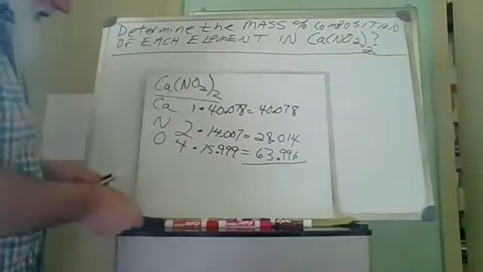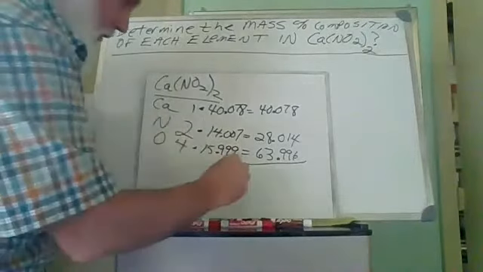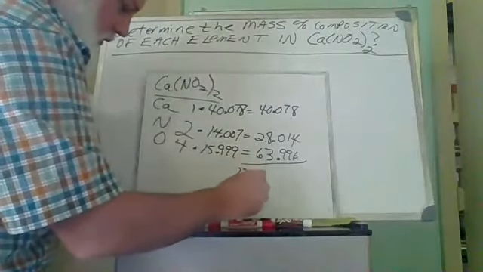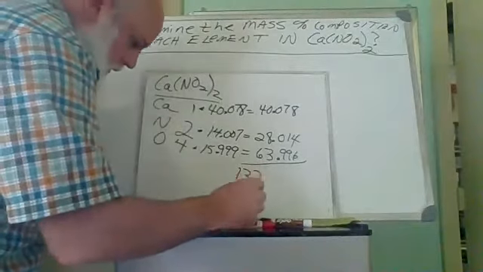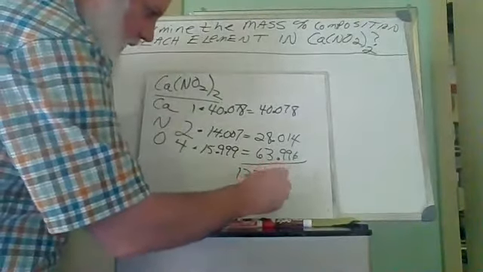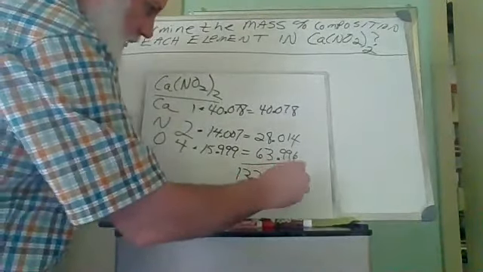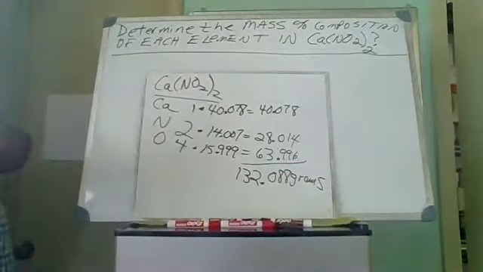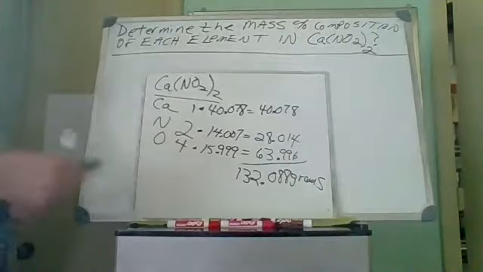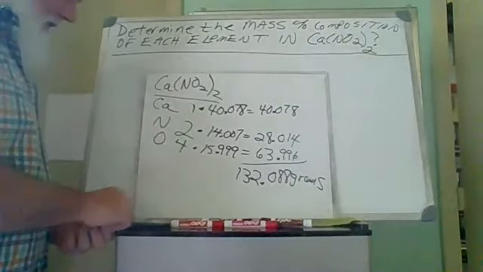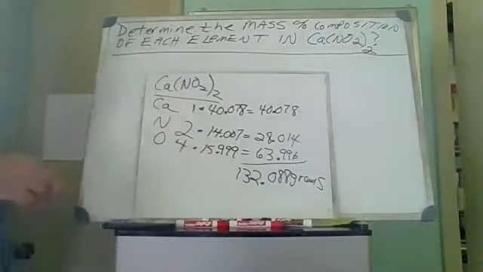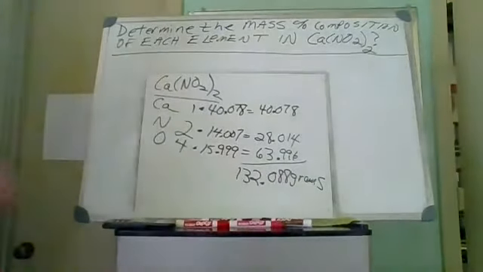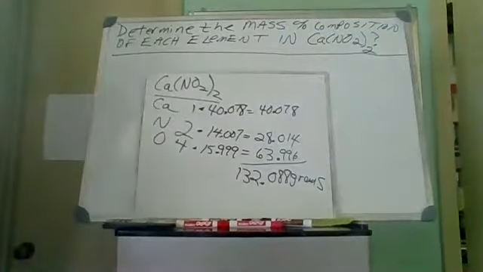All right, so we have our answer: 132.088, and our unit, as always, for molar mass is grams. Okay, so I'm going to put that number into my memory because I know I'm going to need it here.